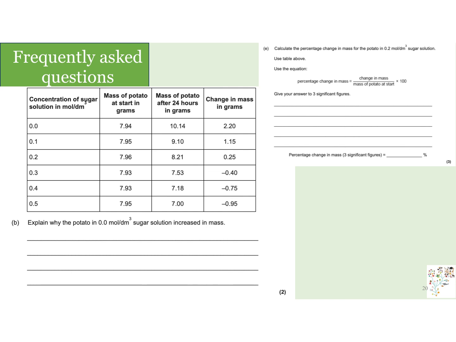Then finally this looks at the practical. Explain why the potato 0 solution increased. So we've said then, 2 marks. Why does it increase? It increases because it gains water, because the potato has a lower concentration of water.